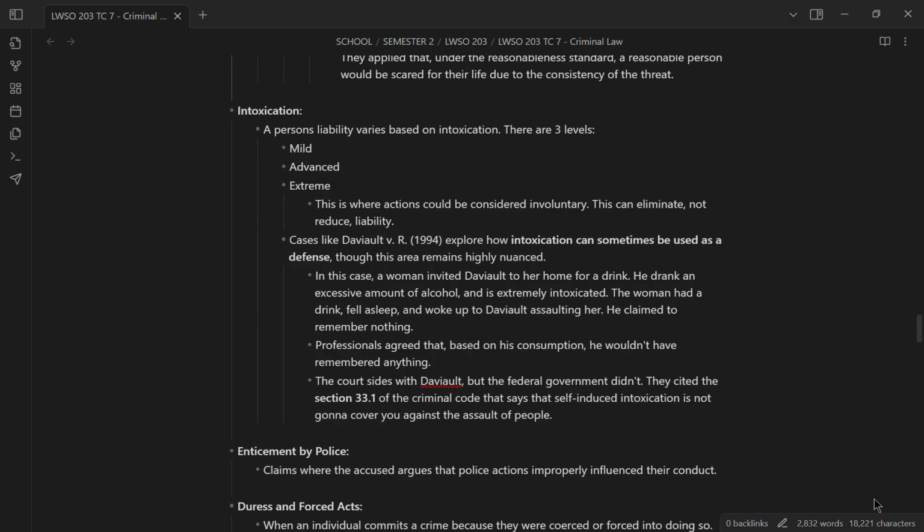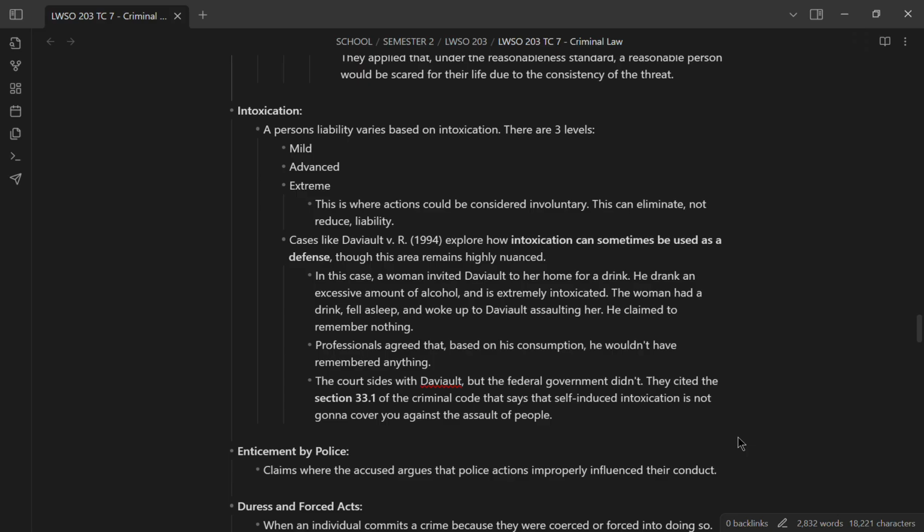He was extremely intoxicated. The woman had a drink, she fell asleep, she woke up, and Davielt was assaulting her. After that, he claimed to have remembered nothing about the assault or anything before it other than getting drunk. Professionals agreed that based on his consumption level, he wouldn't have remembered anything, and so the court sided with Davielt.